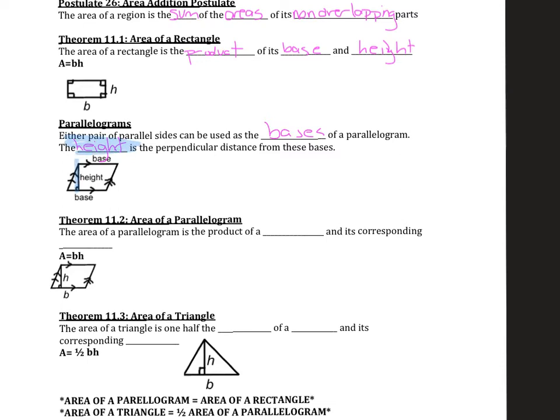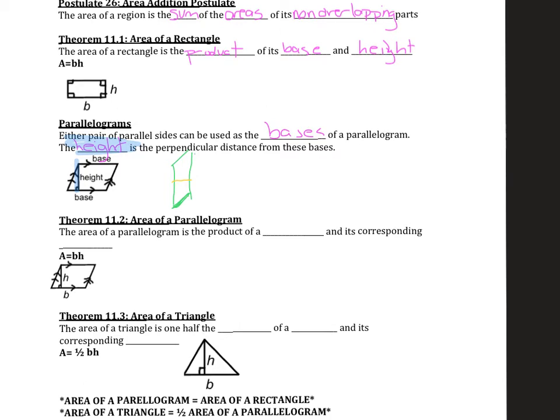Okay? But we could also have it oriented differently. We could have the longer parts on the sides. Pretend I can draw. Okay, and then the height would be this distance. So it can be oriented a couple different ways, and you'll see that when we get to the examples.